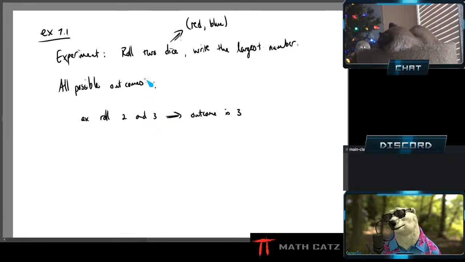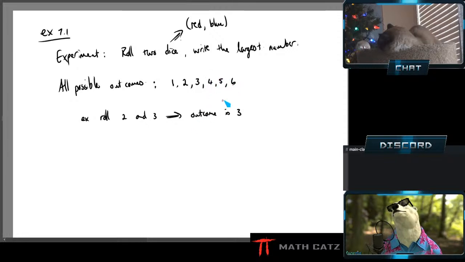So if I look at all possible outcomes that could occur, let's write them in increasing order. The smallest number that I could ever write on my clipboard is a 1. When I roll two ones, the largest of them will be a 1. I can also write a 2 on my clipboard by rolling a 2 and a 1 or a 2 and a 2. Both will result in the largest number being a 2. I can certainly have 3 as the largest number, 4, 5.